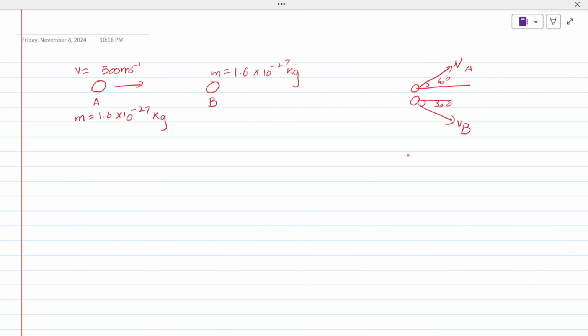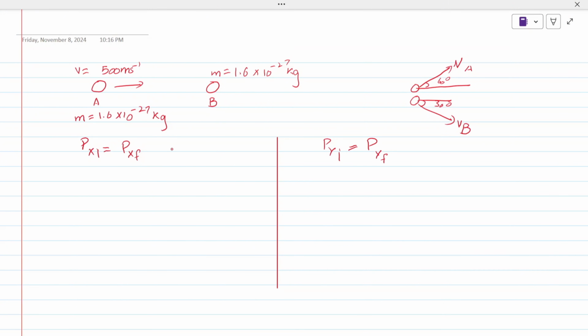So, coming straight to the point, this is a two-dimensional collision. We know that in two-dimensional collision, Px initially is equal to Px finally, and Py finally and Py initially are equal.